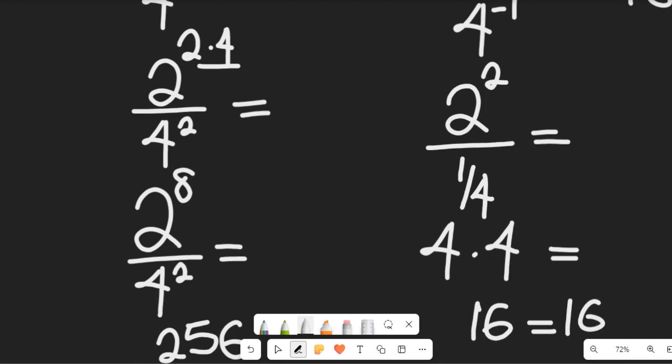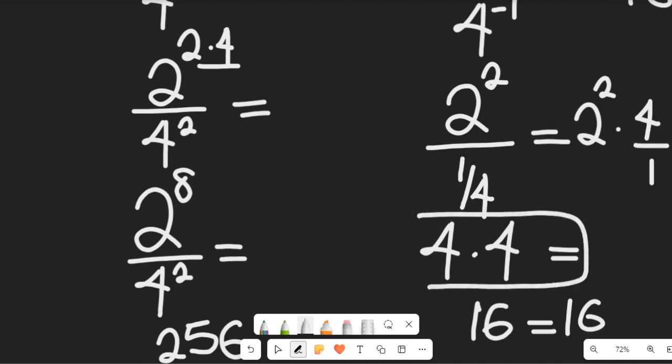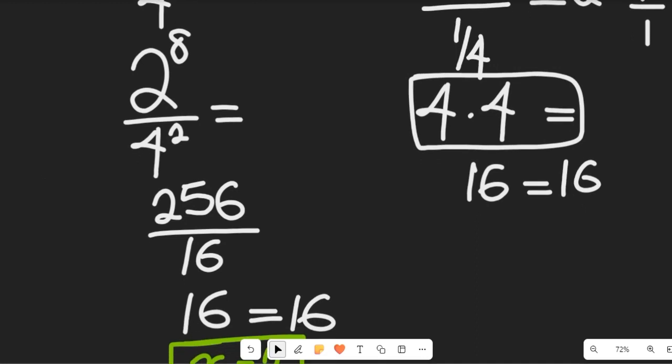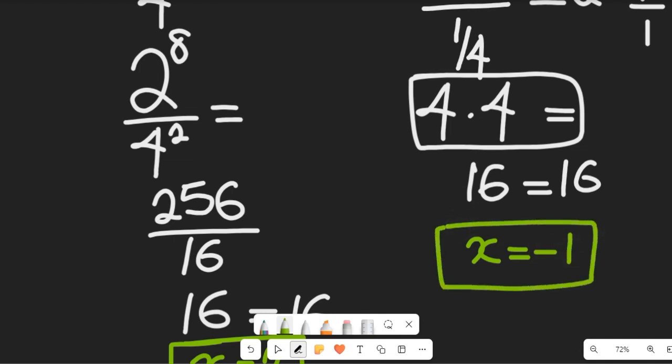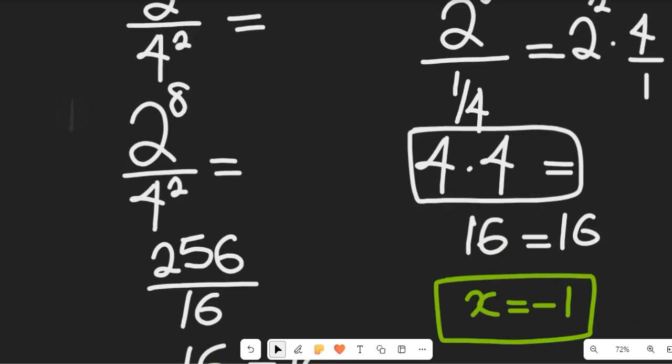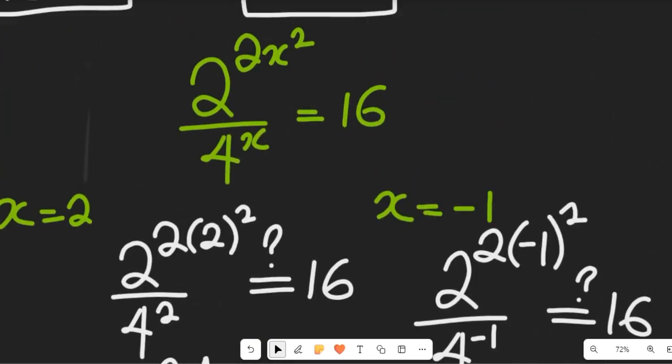Remember, if this comes up here, this will become 2 to the power of 2 multiplied by 4 divided by 1, and that is how we arrived at 4 multiplied by 4. So 16 is equal to 16, and that tells us that the value of x equal to -1 is also a solution to that exponential equation given to us up there.